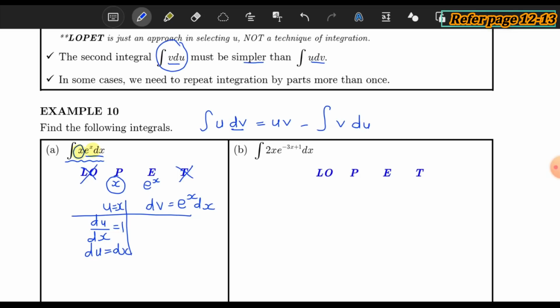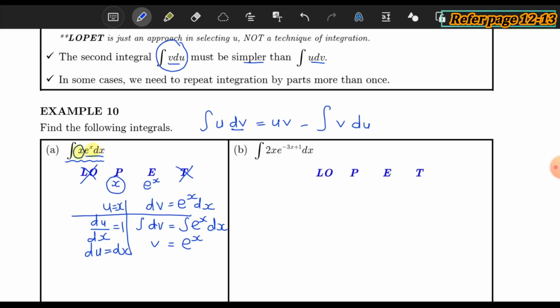And for v, if we refer to the formula, we have u times v. Meaning that from dv here, we need to find what is v. Therefore, we need to integrate both sides. Integrate dv equals integrate exponent x dx. So, v equals e^x.